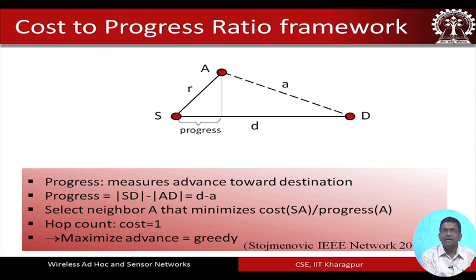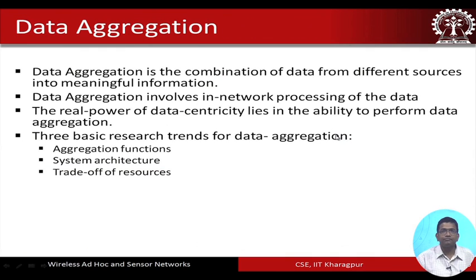Progress essentially means the advance that is made by S through A towards node D. That progress can be used as a metric to make a routing decision. So, these were the different other forms of routing.